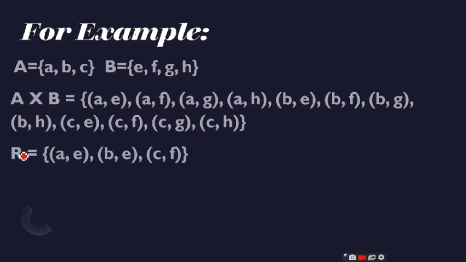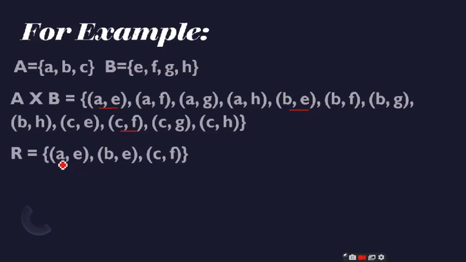Then in a relation I have taken some ordered pairs. So I have taken AE, BE and CF. Now we have to find the domain and range of the relation.